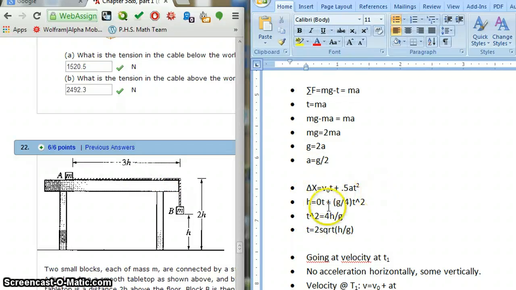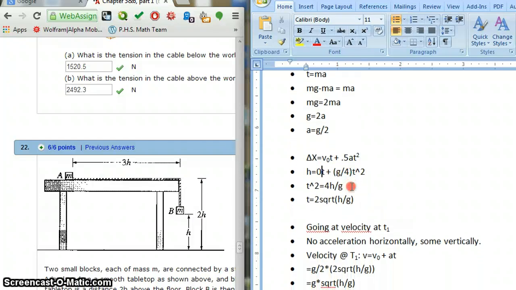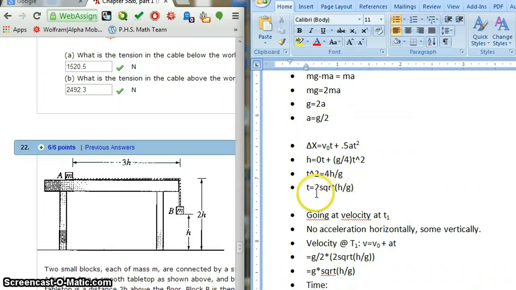So h equals 0 times t, because there's no initial velocity, plus 1/2 of g over 2, which is g over 4, times t squared. And then we divide both sides by g over 4, which gets you 4h over g equals t squared. Take the square root of that, the 2 comes out of it, and it'll be 2 square root h over g for the time.